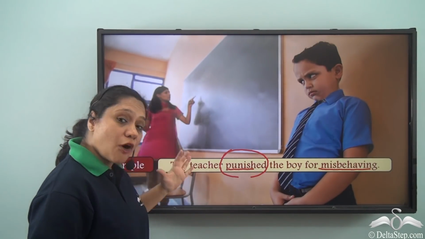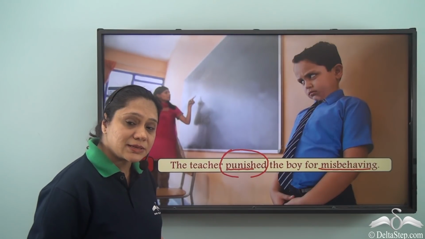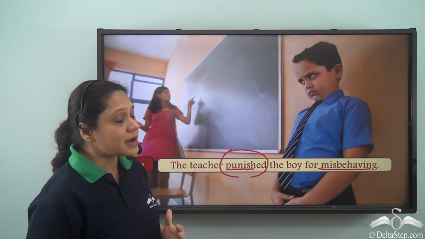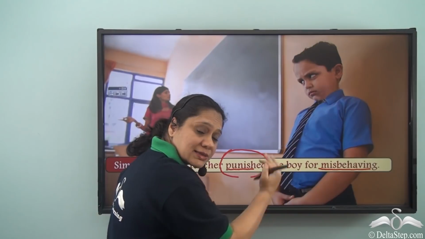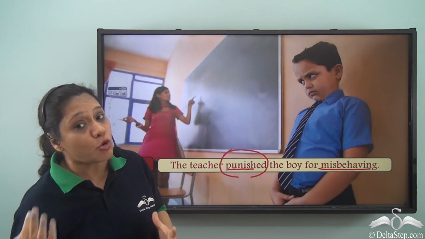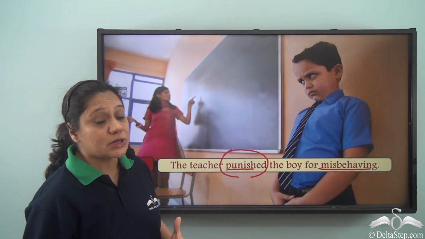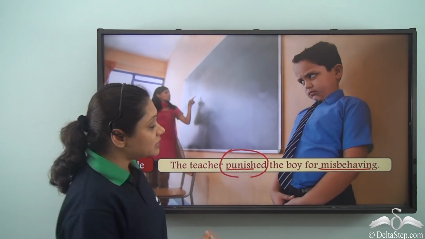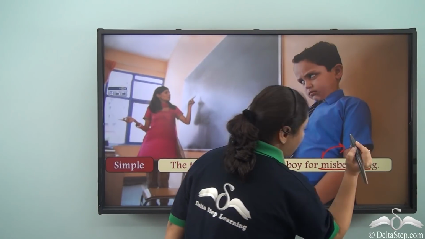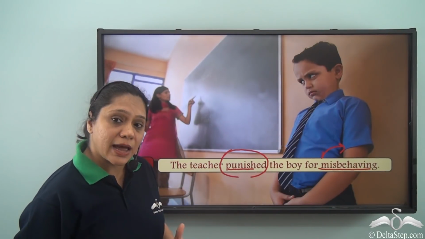Now, to transform this into a compound sentence, what do we need to do? First, we need to break up this independent clause into two independent clauses, and we need two finite verbs. So, what will we do? We will change this form of the verb to its finite form.